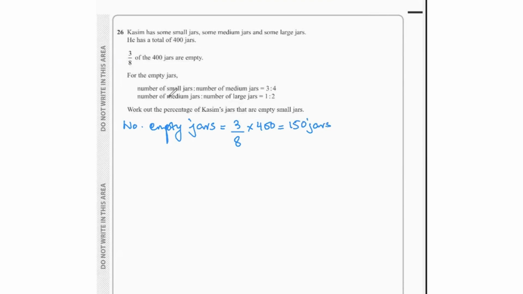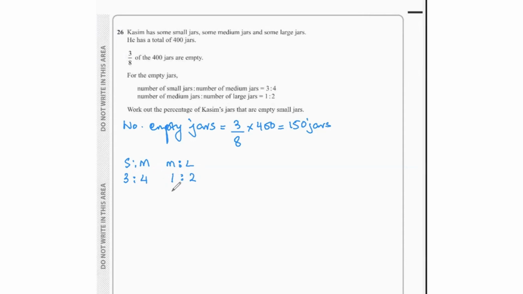Now, out of those 150 jars, small to medium is 3:4, and medium to large is 1:2. Whenever we have a common element in both ratios, to combine them into a single ratio, you have to make sure that the common element has the same number. Medium is 4 over here and 1 over here.